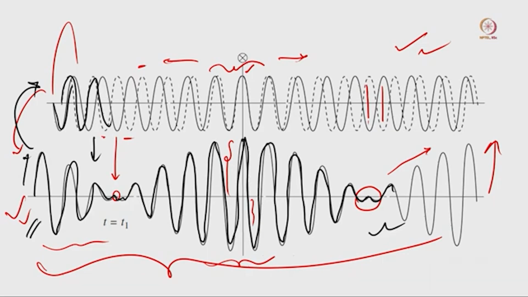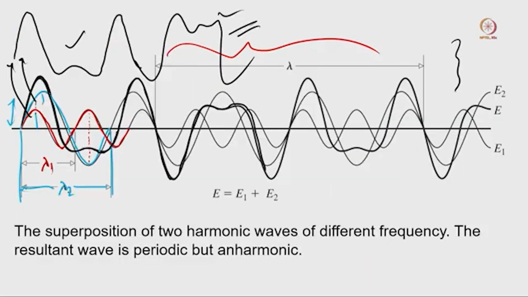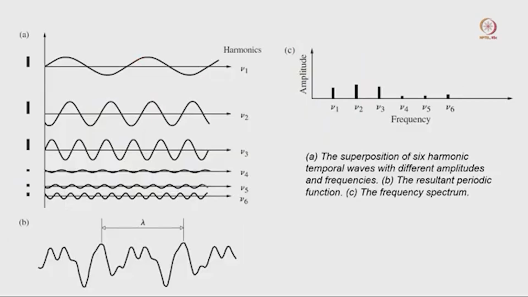Let us take a look at how we can decompose a wave. That is exactly what I was talking about. Here I will just use this blue color. Here you have a complicated wave function. This wave function is going in this direction, and it is a periodic function.